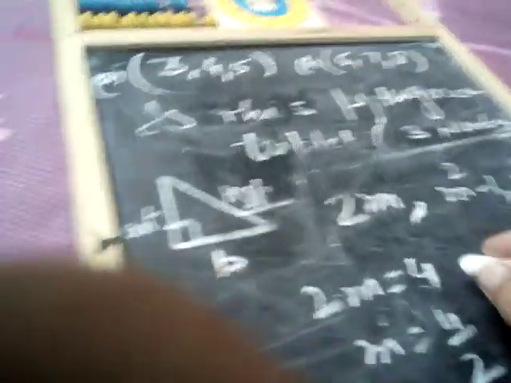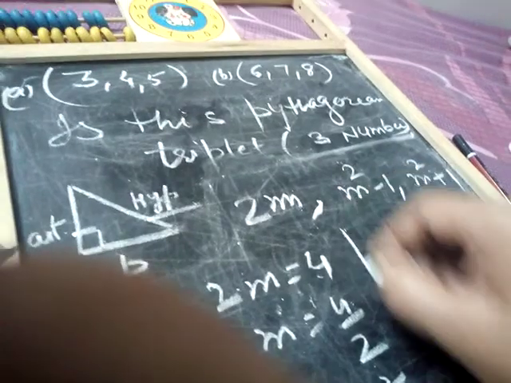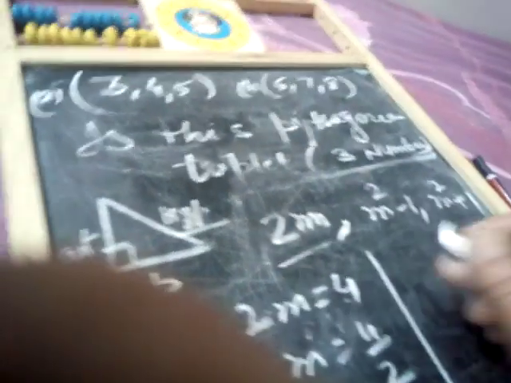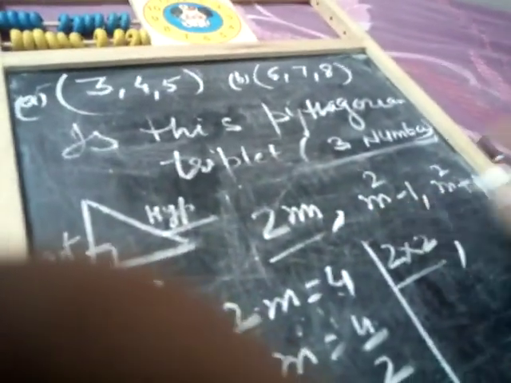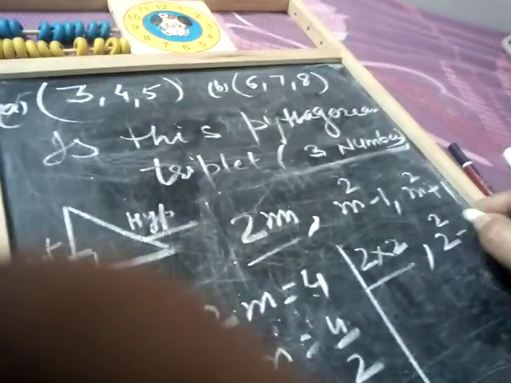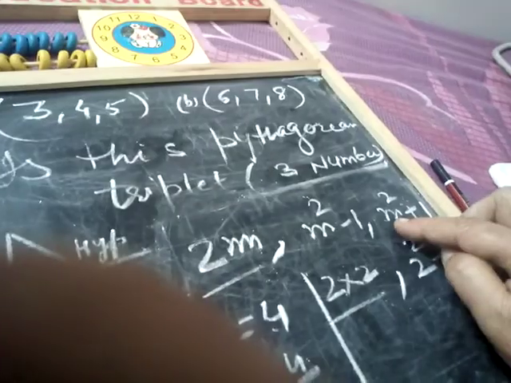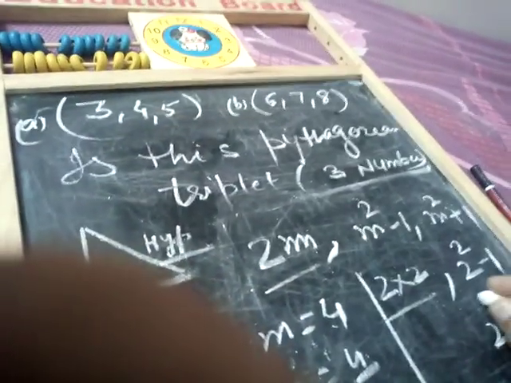Now fill the value in these three. This is 2m: 2 into 2. Then m square minus 1: 2 square minus 1. Then m square plus 1: 2 square plus 1, right?